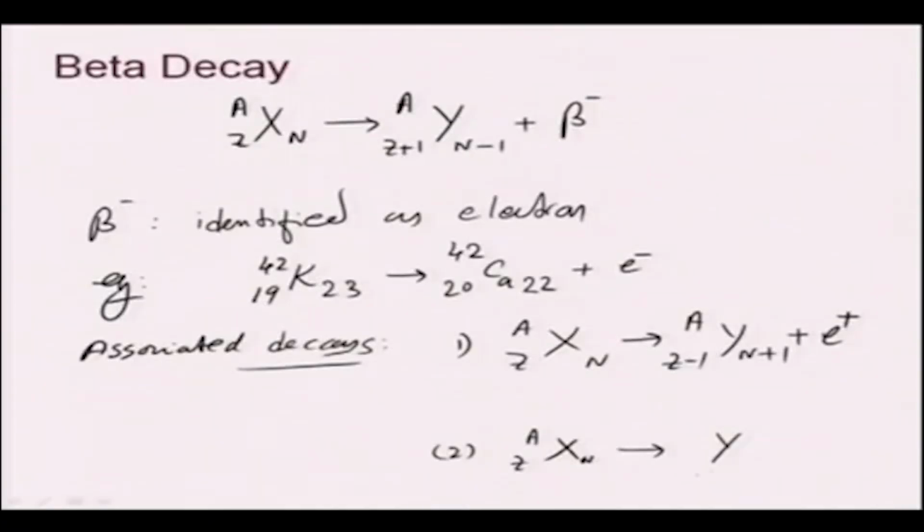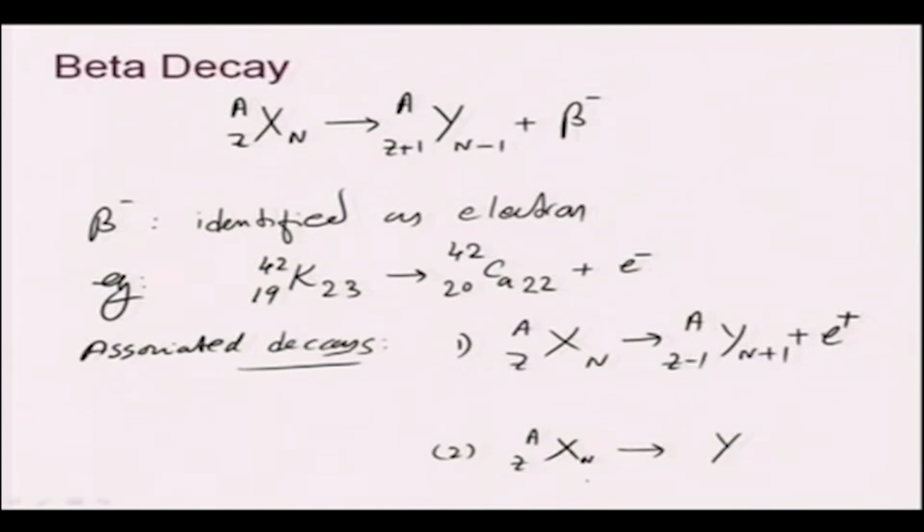In an atom there are electrons surrounding this nucleus, and we can think of one of the low lying electrons being captured.